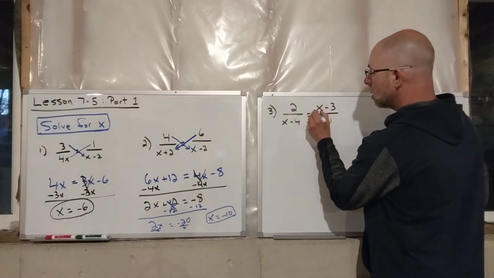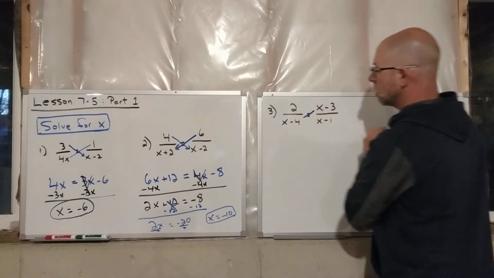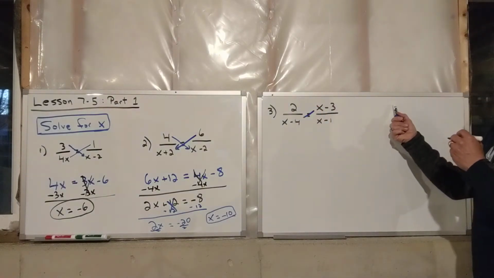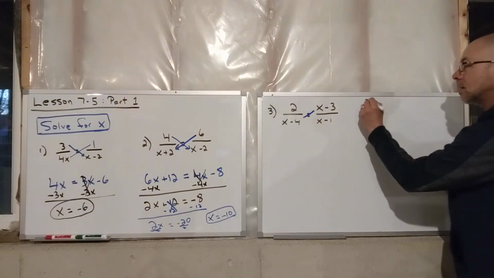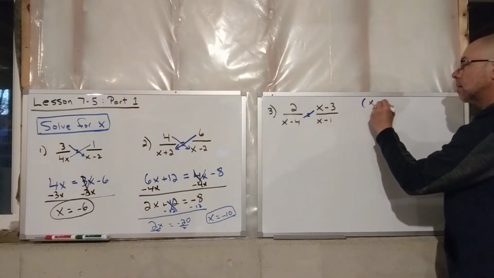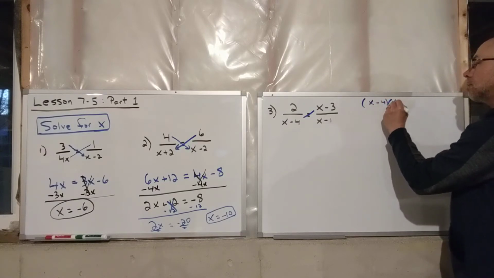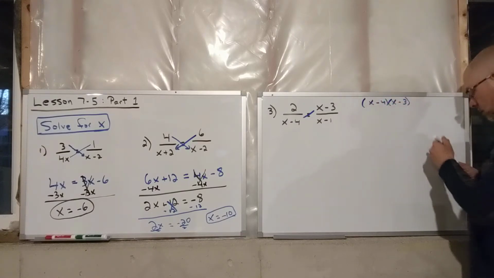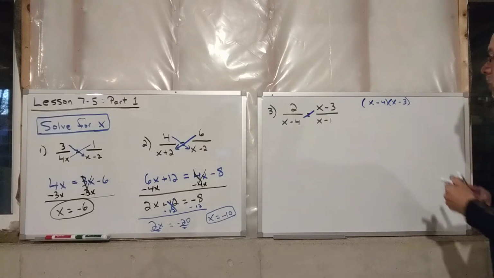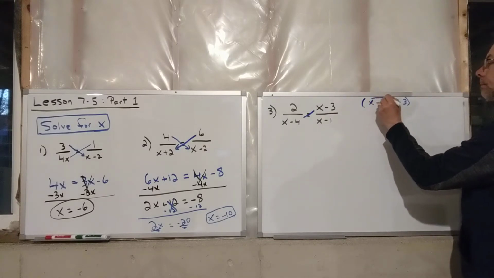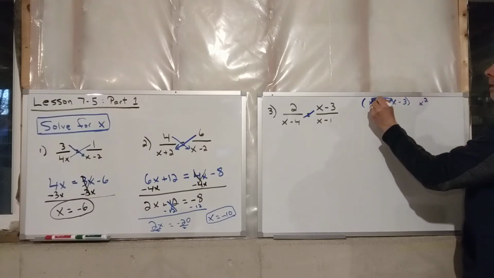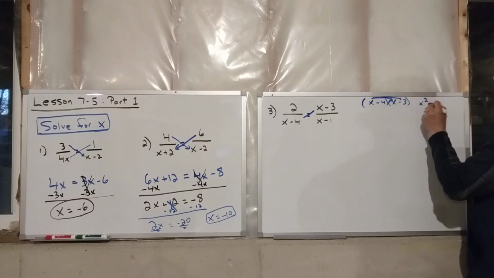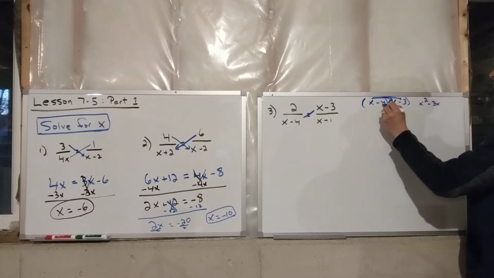Now, we need to multiply this. I'm going to go over here to the side area up top, and I'm going to multiply that, because that's x minus 4 times x minus 3. That's distributive property big time. So, that times that is x squared. That times that is minus 3x.